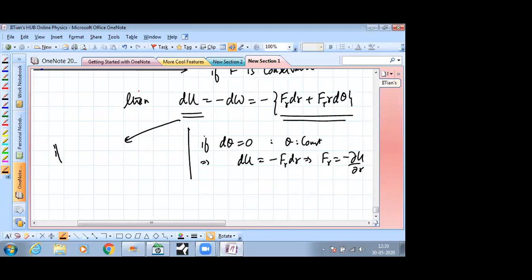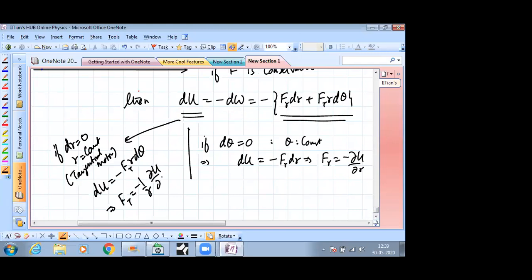On the other hand, if dr is 0, that is r is constant, so we are giving tangential motion, then du is minus of F tangential into r d theta. So the reverse of this becomes that F tangential is minus 1 by r del u by del theta.